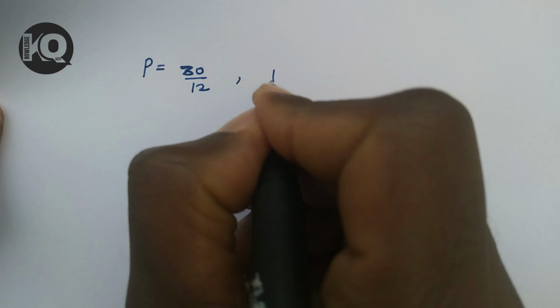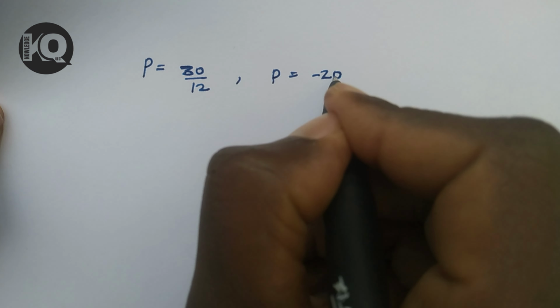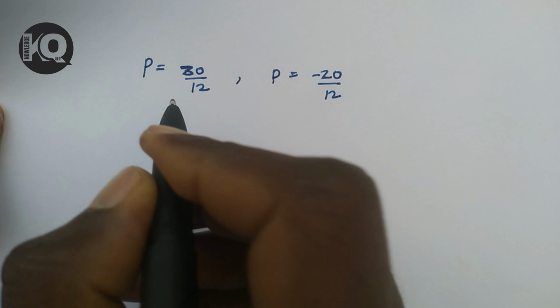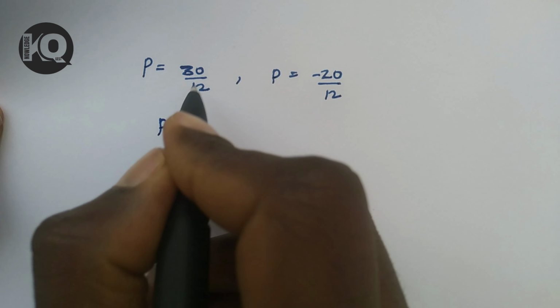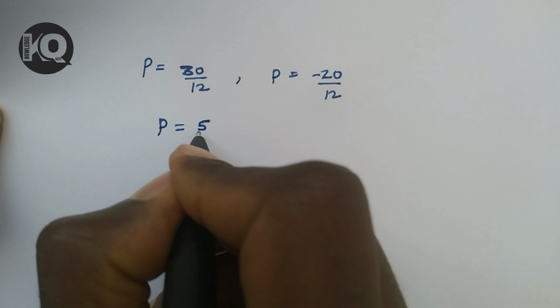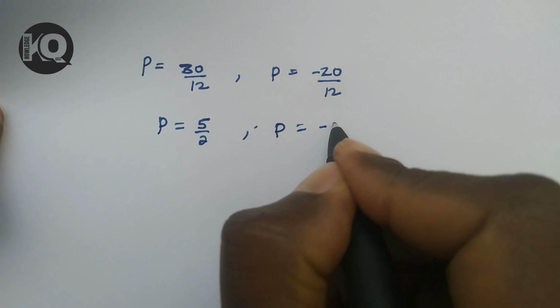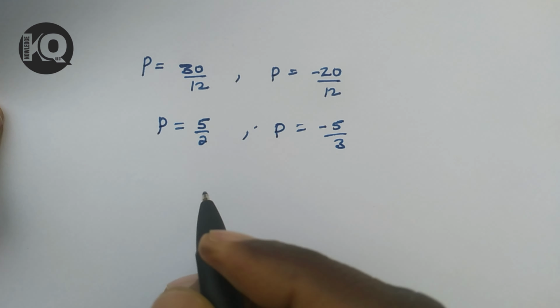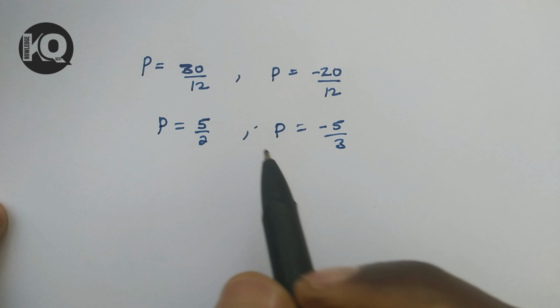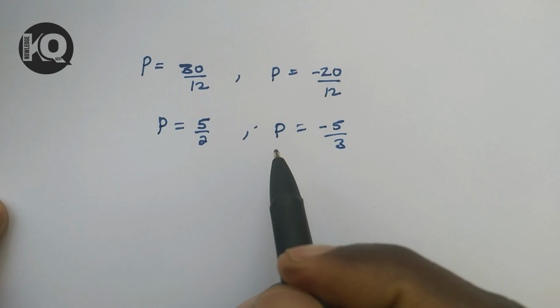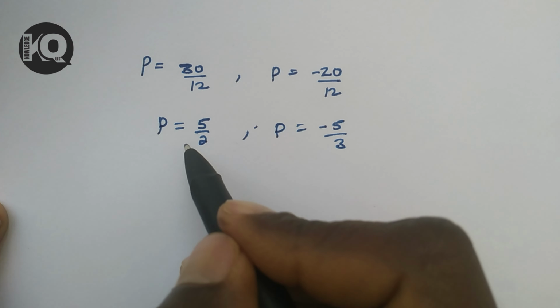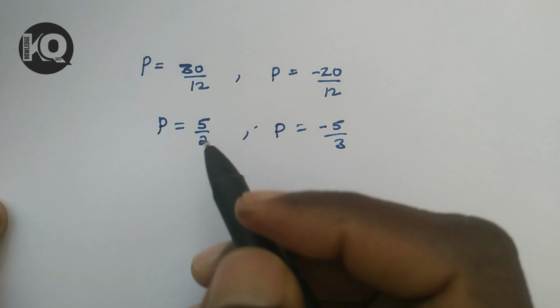So we have p equal to plus 30 divided by 12, or p equal to minus 20 divided by 12. So when we simplify this, p will be 5 by 2, or p equal to minus 5 by 3. Now let's prove which one is the correct value of p that satisfies the equation.